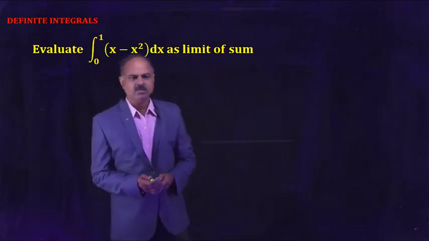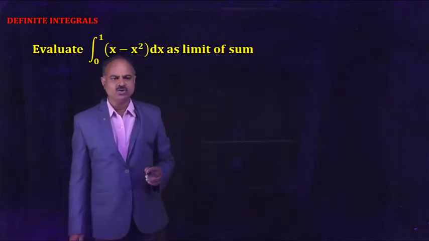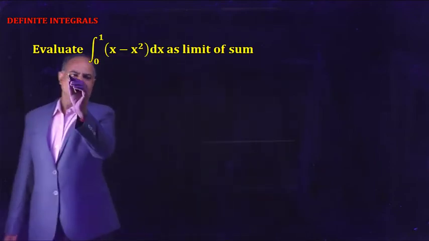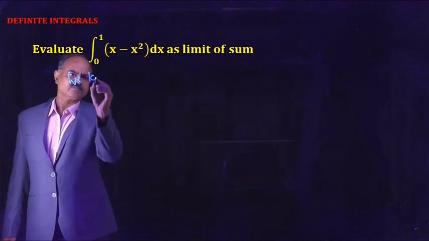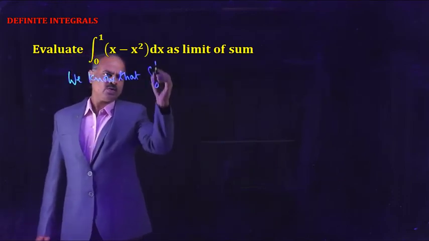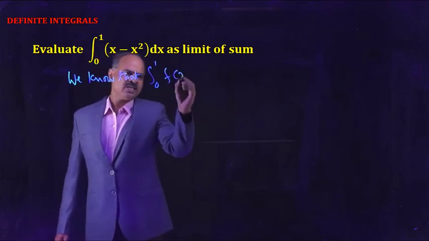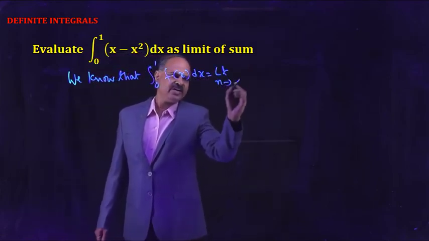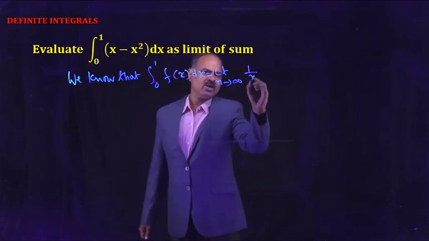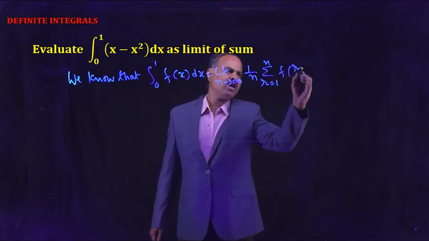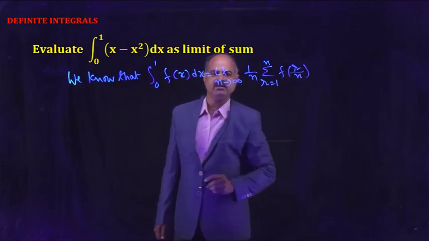Next problem, evaluate the integral 0 to 1 of x minus x squared dx as a limit of a sum. We know that the integral 0 to 1 f of x dx is equal to limit n tends to infinity 1 by n into sigma r equal to 1 to n f of r by n.